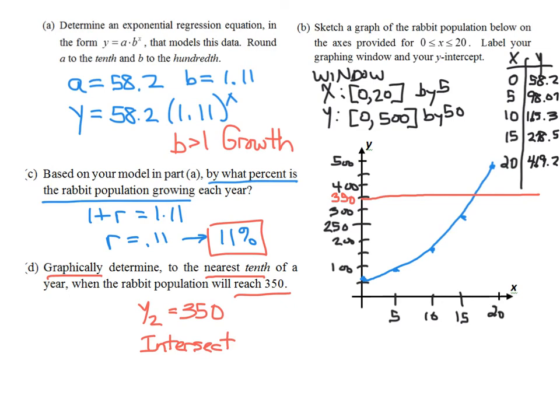My graphing calculator tells me that the x value where they intersect to the nearest tenth is 17.2. You'll notice the y value is 350. So therefore, the answer to this question is it takes 17.2 years for the rabbit population to reach 350.